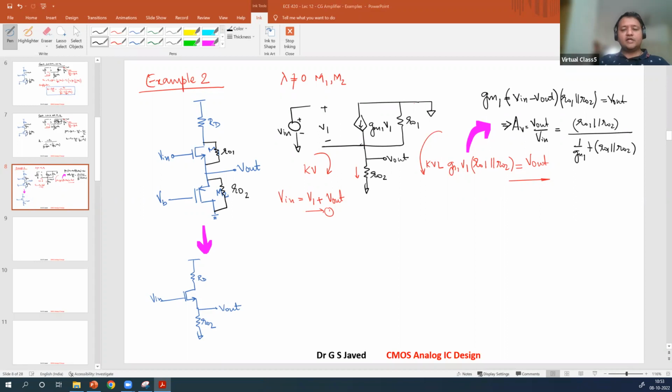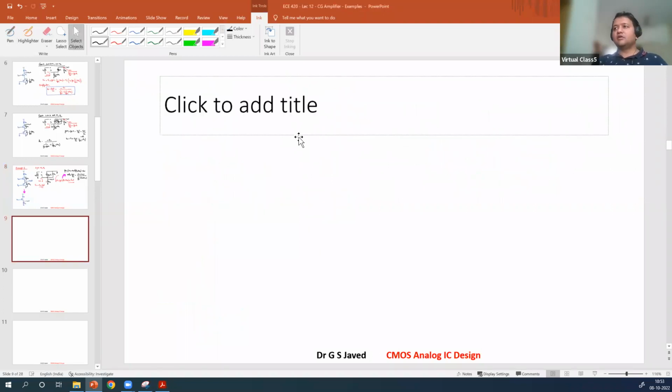Now let us look at what is the Rout of the circuit. We'll find out what the Rout is in a similar looking circuit, just so that all bases are covered.